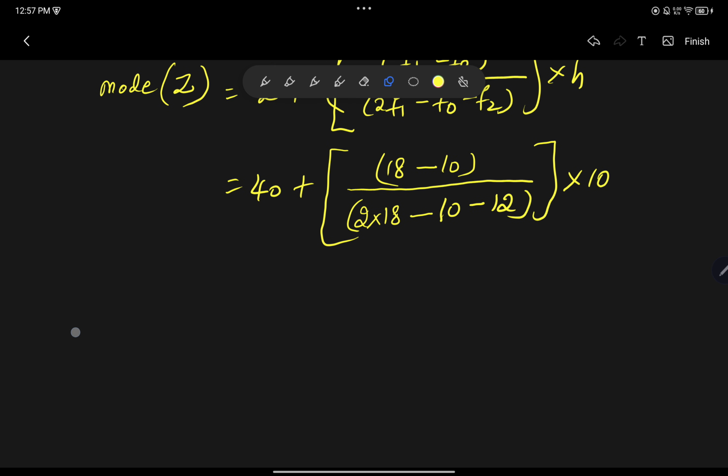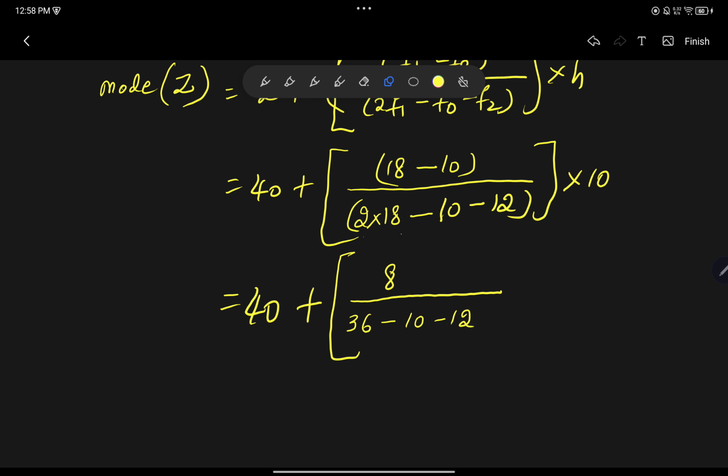Okay. Now, what we need to do? 40 is constant. Okay. This you don't add, or until last, don't use this. Okay. First, remove the bracket. 18 minus 10, 8. 2 into 18, 36, minus 10 minus 12 into 10.